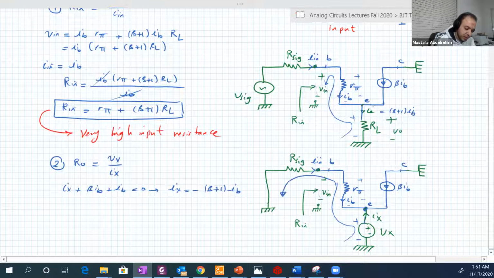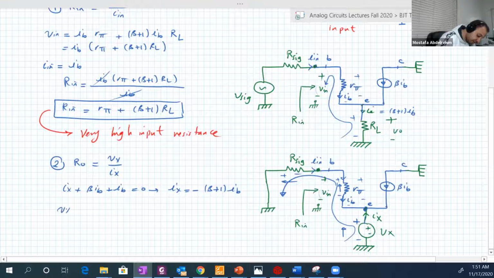Good. How about Vx? If we take this loop here, let's enlarge it a little bit. Vx is in that direction. IB is flowing in that direction, so positive, negative, and flowing in that direction, so positive, negative. So this voltage is in that direction, and this voltage is also in that direction. All of them are in the same direction.